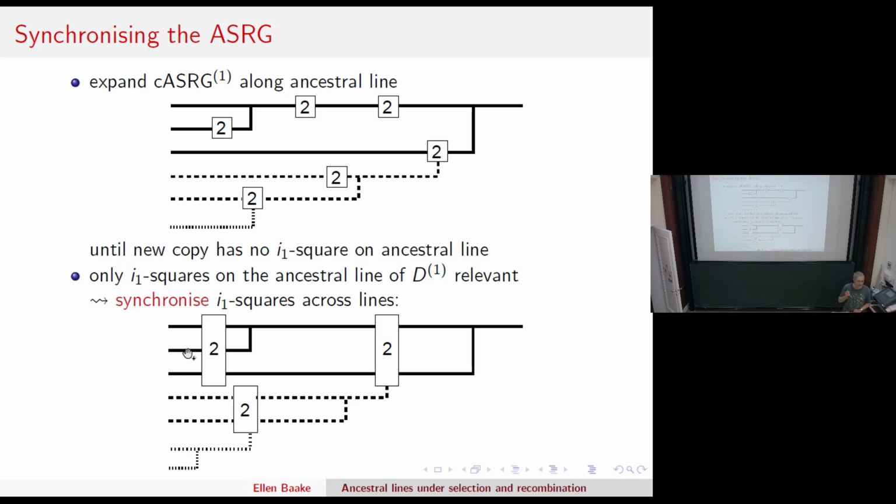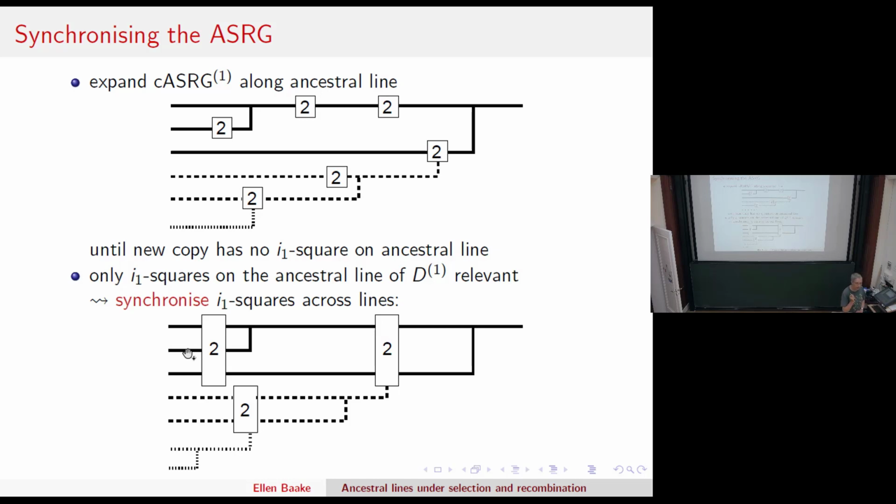And then I realize something, namely, I've put on very many squares here, an independent Poisson process for every line segment. But then in the end, only very few of these squares are actually relevant, namely this one and this one. Always the first one on the ancestral line of the tail. And all the others are irrelevant.